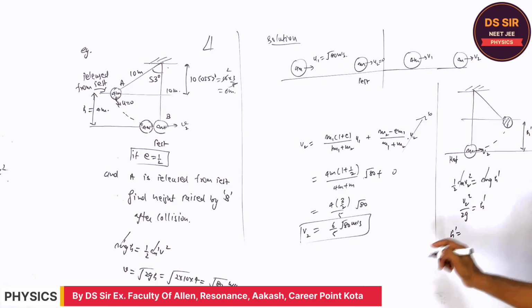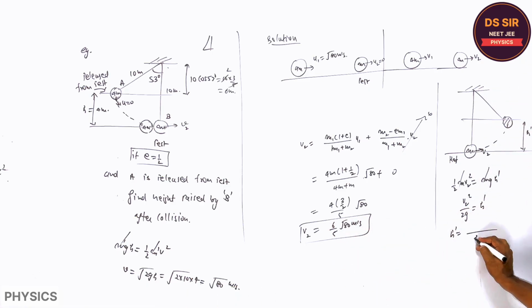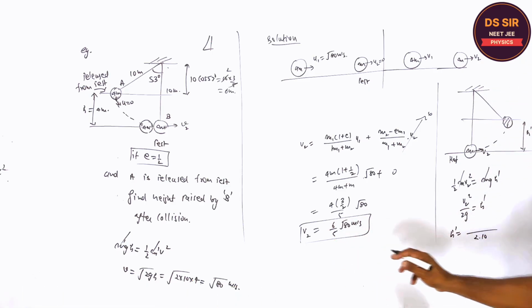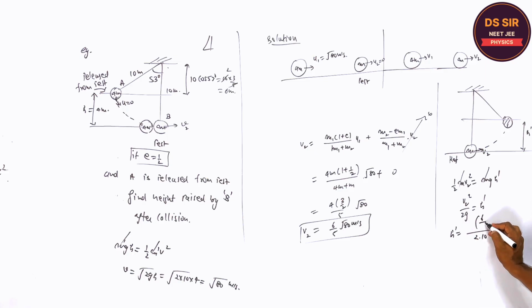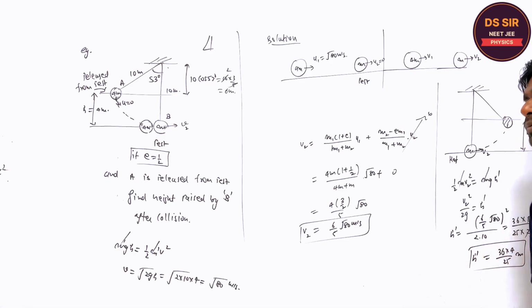That is v2 square upon 2 into 10, and v2 square means (6 upon 5 root 80) whole square. You will simplify this, 25 into 20, so 36 into 4 by 25 meter will be the height raised by this ball after collision. Copy this.